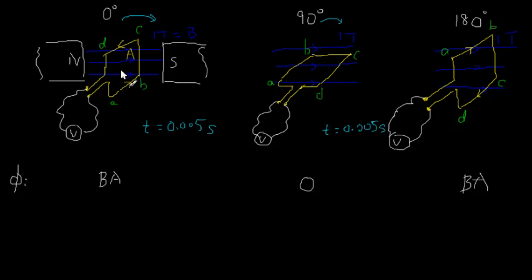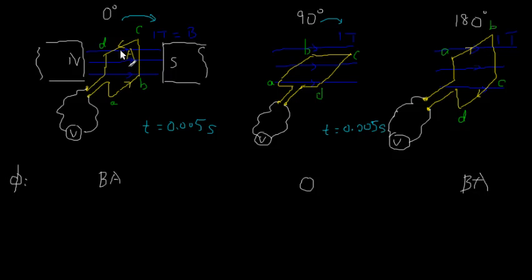Now, if you look at these two loops, it's a little bit tricky, but the currents look as if they're flowing in opposite directions if you compare this top edge of the loop with this top edge of the loop. See, the current on the top edge is going this way, whereas the current here is going the other way. But we should not compare the top edge of the loop.